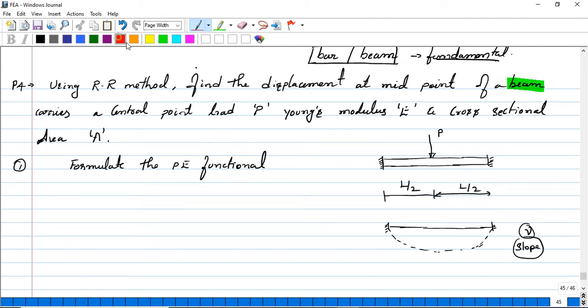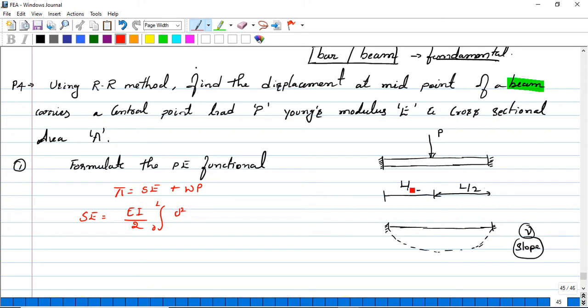And what is the relation? We know that potential energy is equal to strain energy plus work potential. Remember, the strain energy for a bar is a different formula, and the strain energy for the beam is given by strain energy equal to EI by 2, integral from 0 to L, of the square of d squared V by dx squared, into dx.